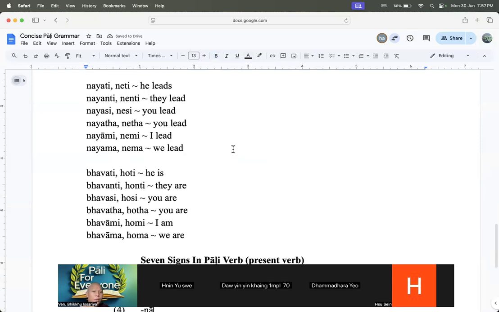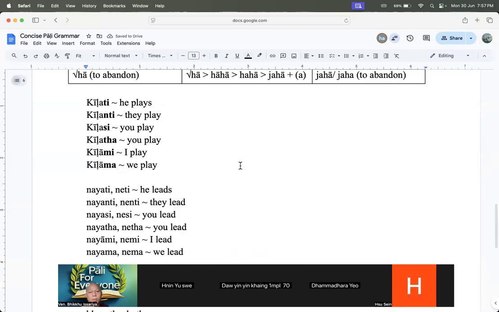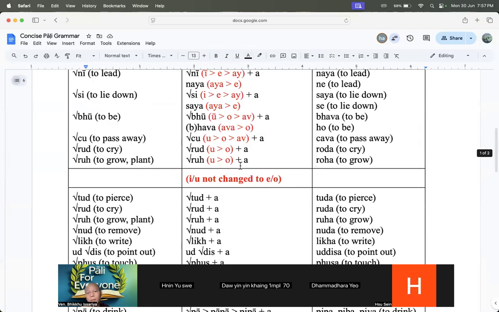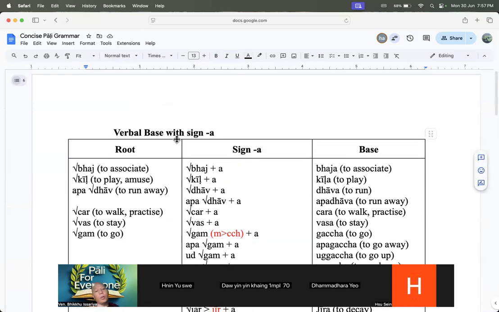Okay, so today is just introducing the complete forming of the verb base with the a sign. So, verbal base with the a sign.